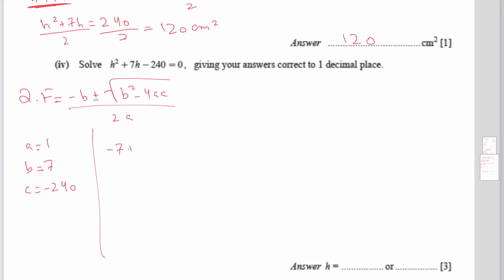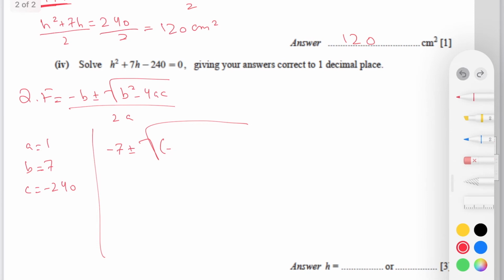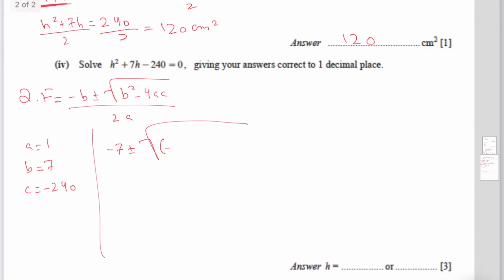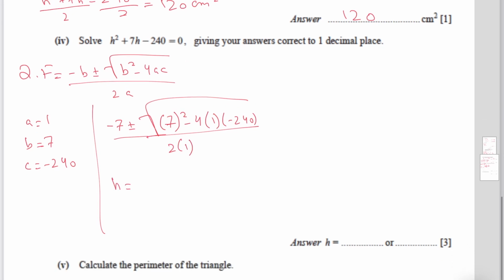Negative 7 plus minus under root b square, which is negative 240 squared. Sorry, no, not negative 240 squared, my bad. It is going to be positive 7 squared minus 4 times 1 times negative 240 over 2 times 1. So the values of h can be a plus and a negative value.